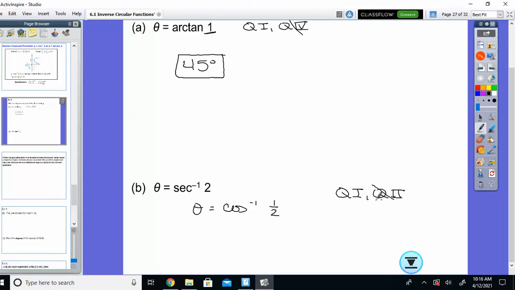It's a positive 1/2, so we're in quadrant 1. When does cosine equal 1/2? 60 degrees. And that's our answer.